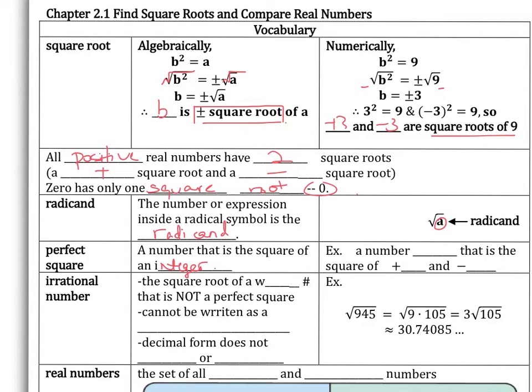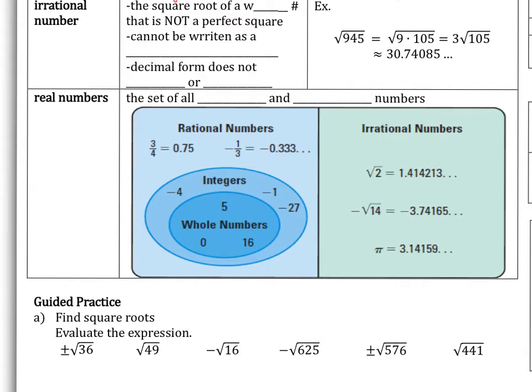So for example, a number such as positive 81, it is the square of positive 9 and negative 9. Irrational number is the square root of a whole number that is not a perfect square.